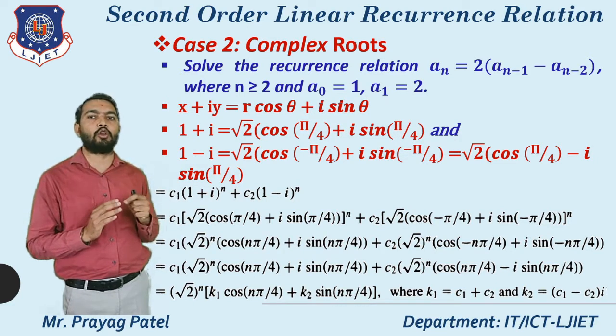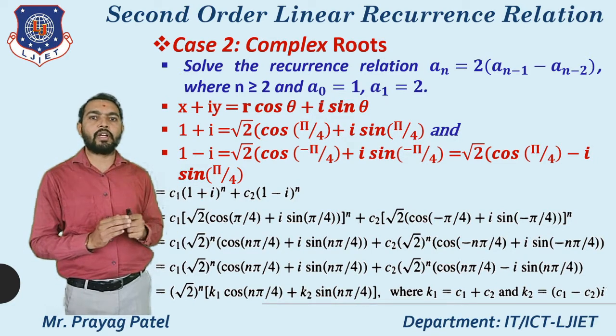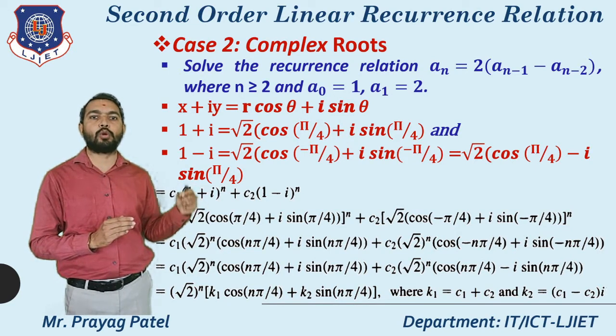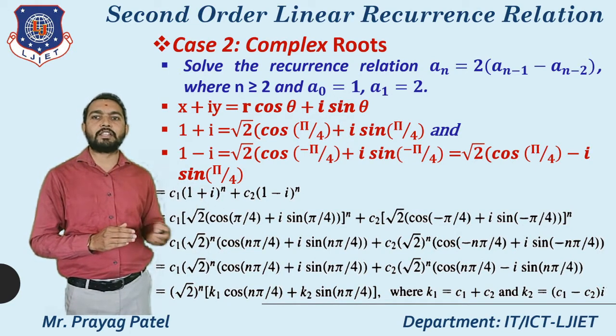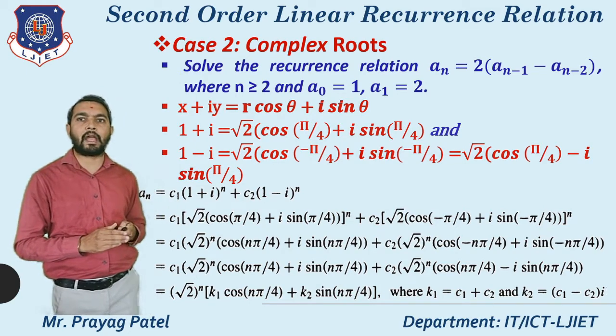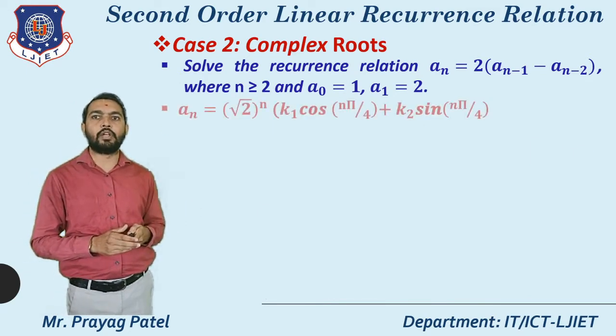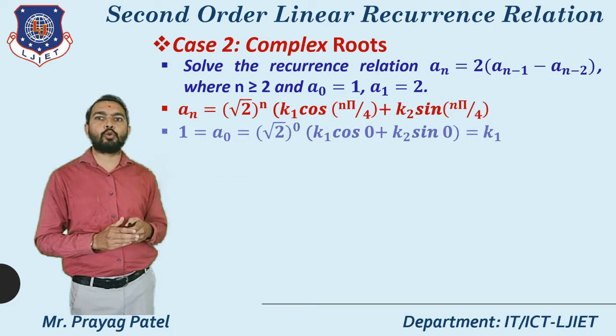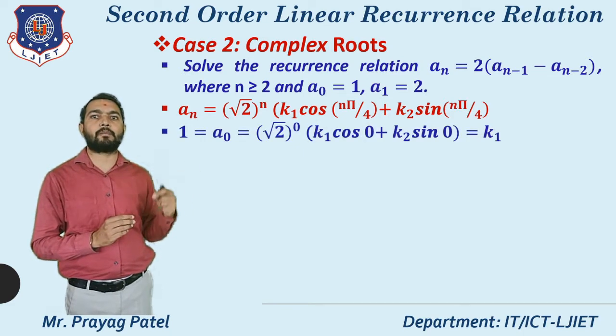Now what are the values of k1 and k2? k1 equals c1 plus c2 and k2 equals (c1 minus c2) into i. So the resultant value of a of n for this equation is root 2 raised to n (k1 cos n pi by 4 plus k2 sin n pi by 4).